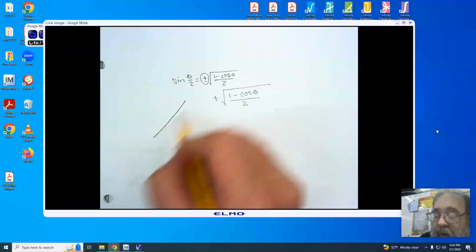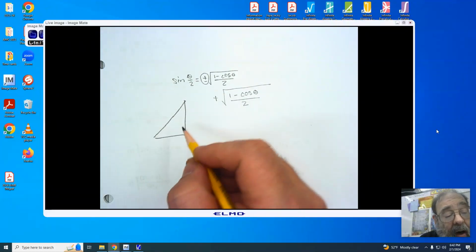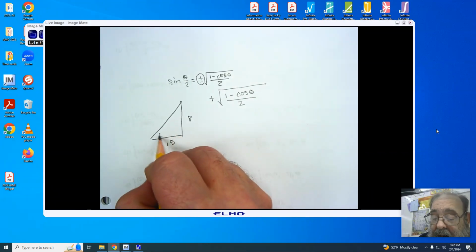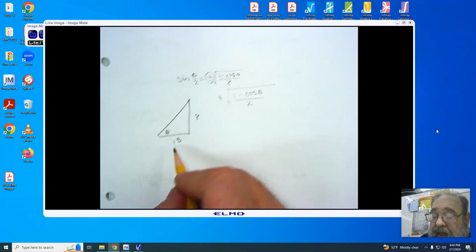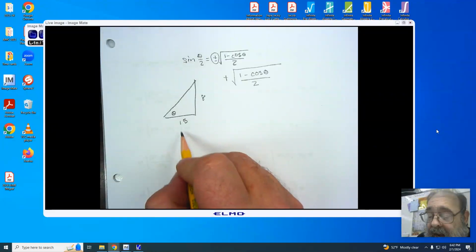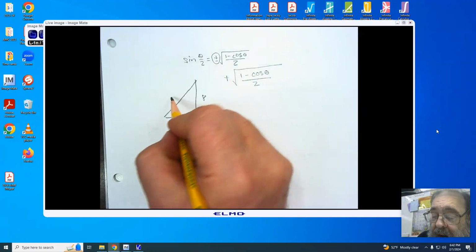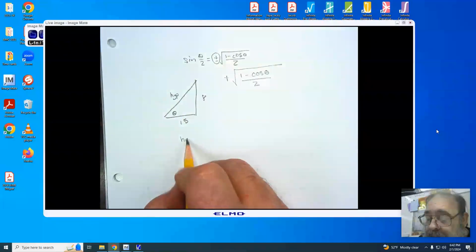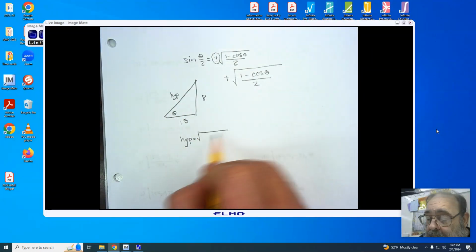We're now going to go to our triangle. We're going to put in our information, 8 and 15, and we're looking at angle theta. According to the Pythagorean theorem, we are looking at our hypotenuse, this side opposite the right angle. The hypotenuse has to equal the square root of 15 squared plus 8 squared.